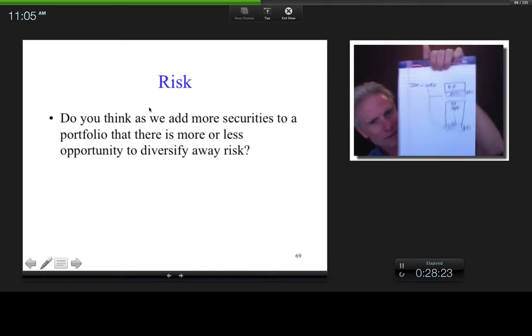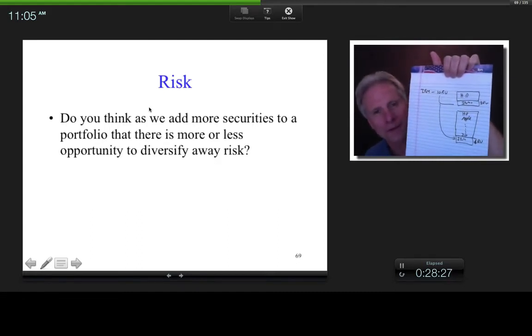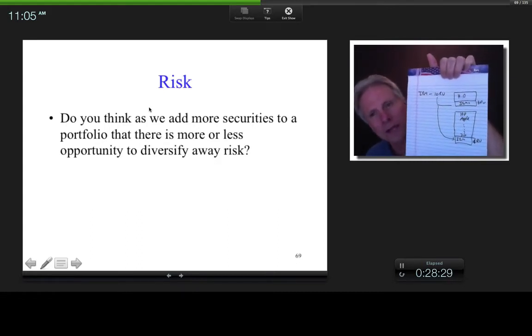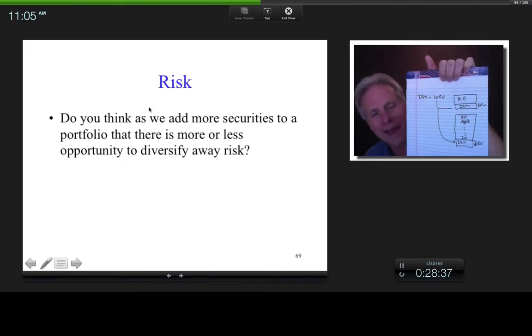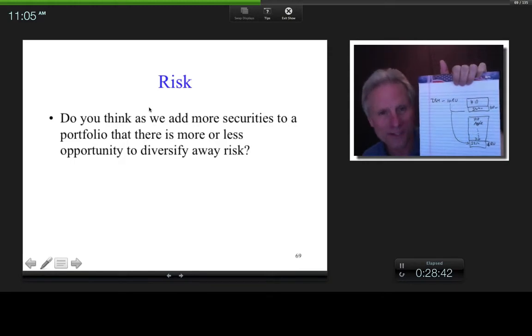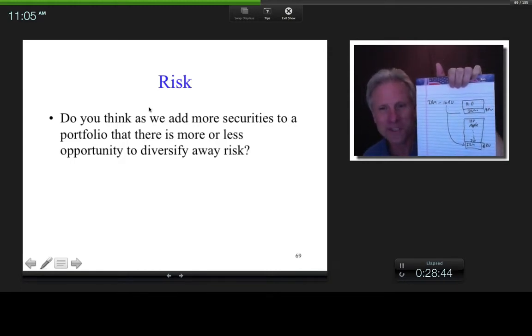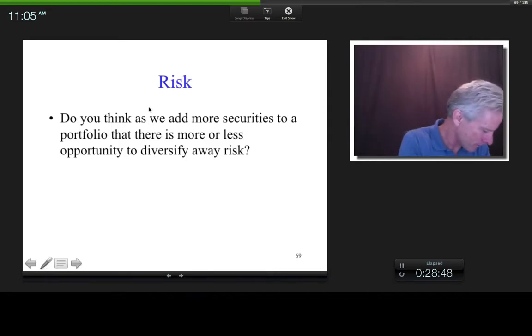So what's the maximum amount of risk interaction that could possibly exist if I added IBM to what? Well, in theory, if I added IBM to all financial securities in the universe, in other words, an infinite number of financial securities.